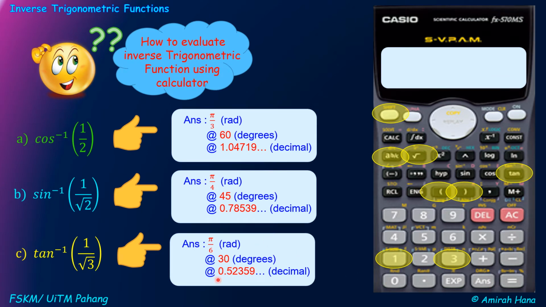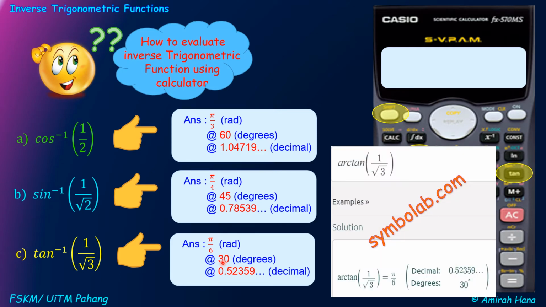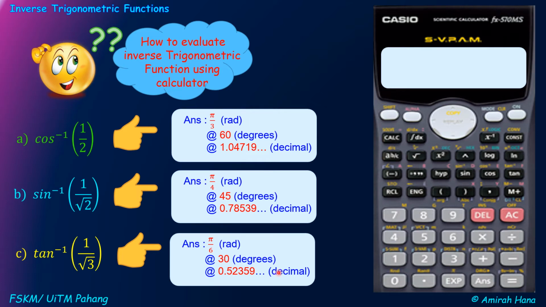This is in mode radian, this is in mode degree. Or we can use symbolab.com. Arc tan means inverse tangent, and then 1 over sec 3 equals pi over 6 or 0.52359 or 30 degrees. This is how you calculate inverse trigonometric function using calculator.